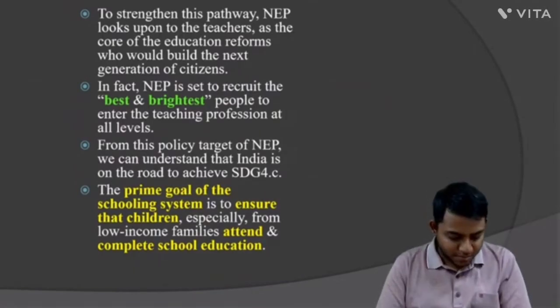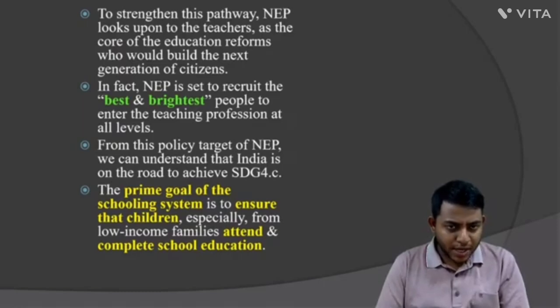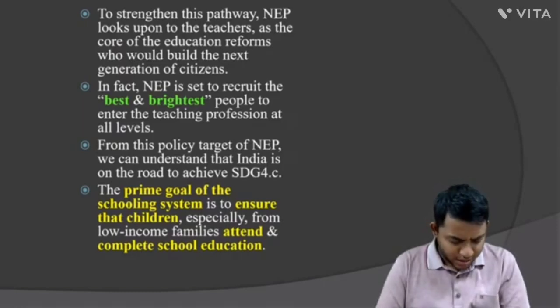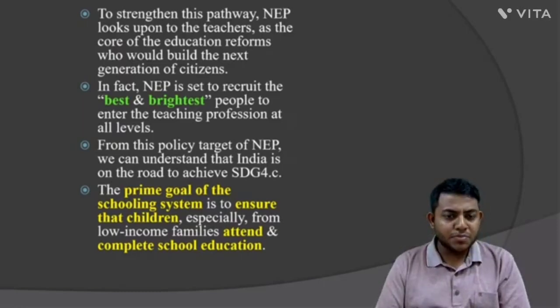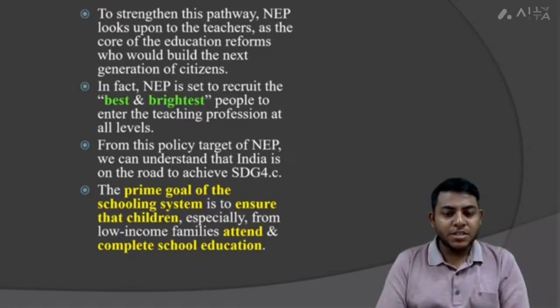In fact, the National Education Policy is set to recruit the best and brightest people to enter the teaching profession at all levels. And from this target of the National Education Policy, we can understand that India is on the road to achieve Sustainable Development Goal 4.C.